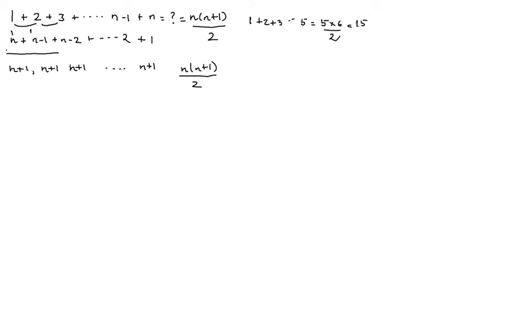And your n and n minus 1, the series at the bottom, decreases by 1 at the same time. So the increase in 1 and the decrease in 1 cancel each other, and the sum continues to be n plus 1 for each of the pairs.